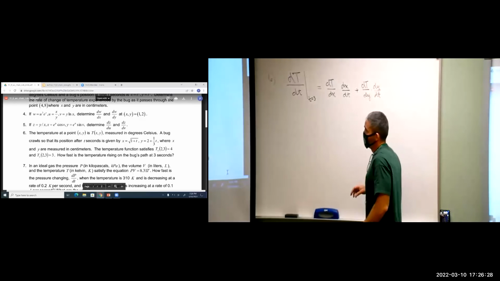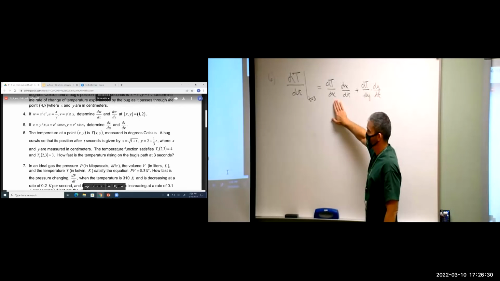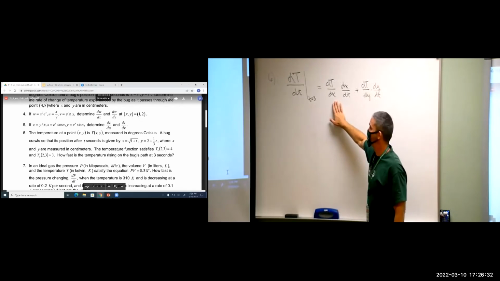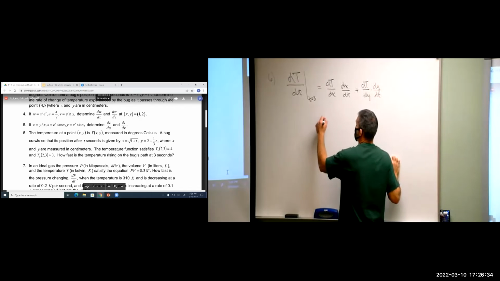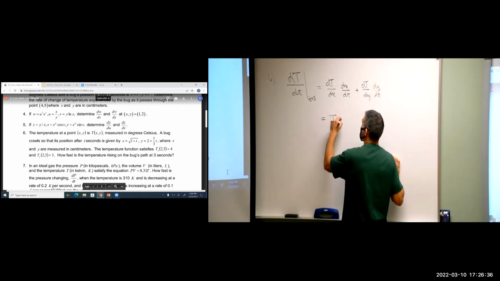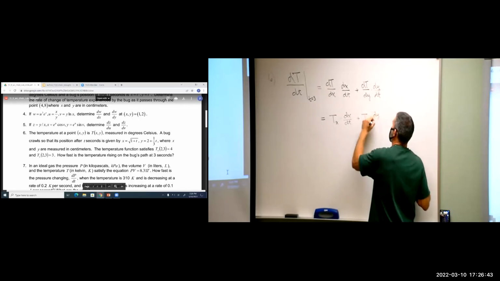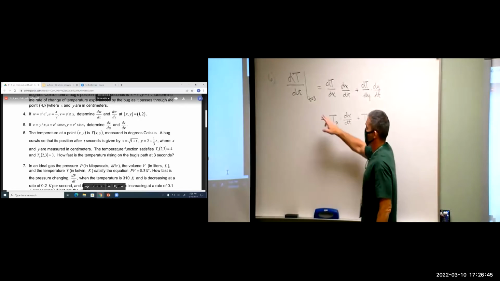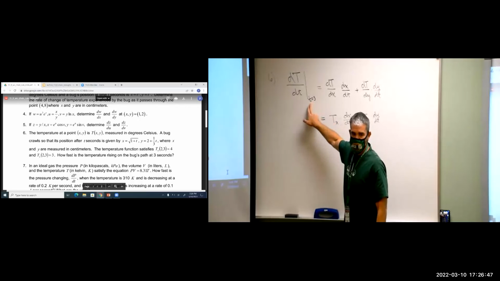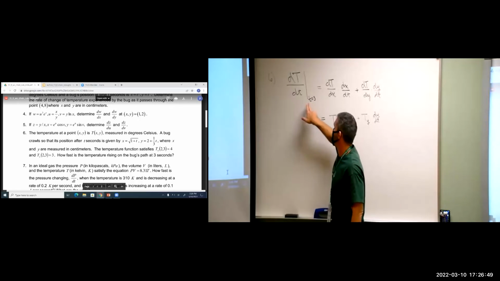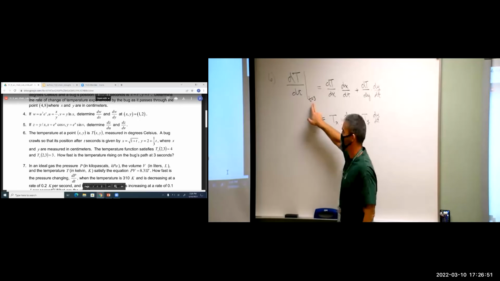Now, we have a couple of notations for this. Another way I could have written that is T sub x times dx/dt plus T sub y times dy/dt. Now we're doing this at t equals 3 seconds, but look at what x and y will be when t equals 3, right?